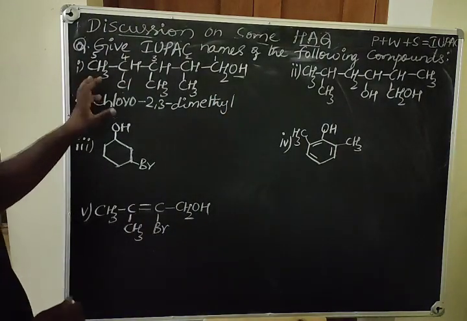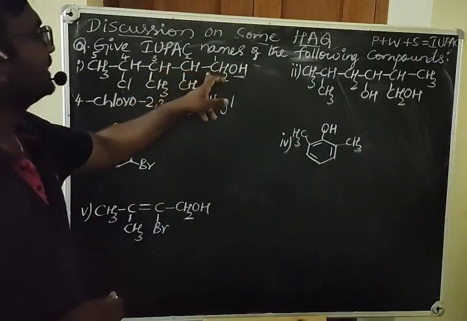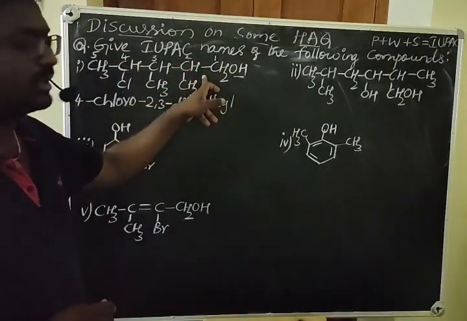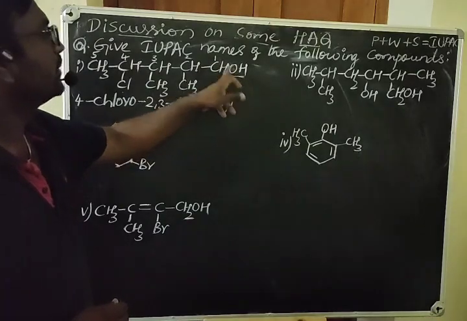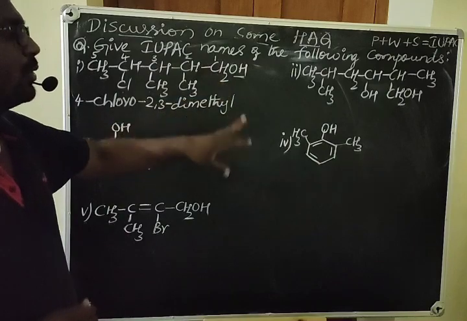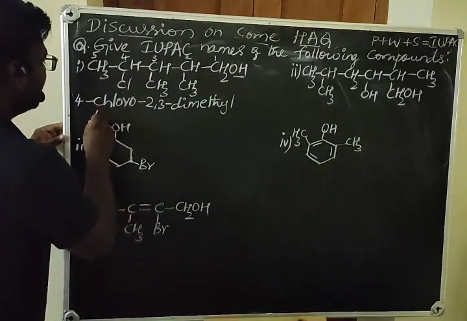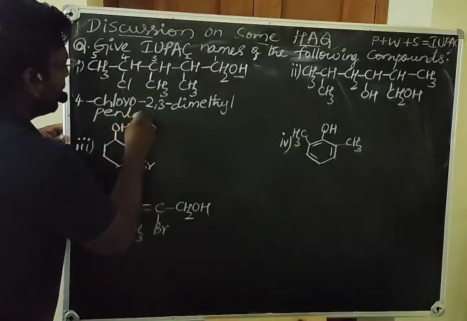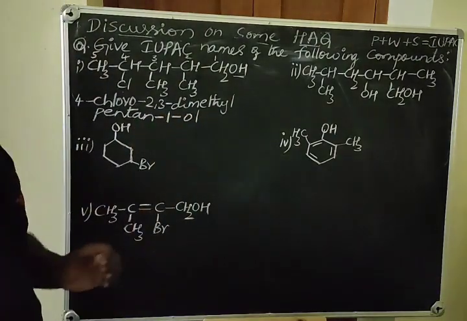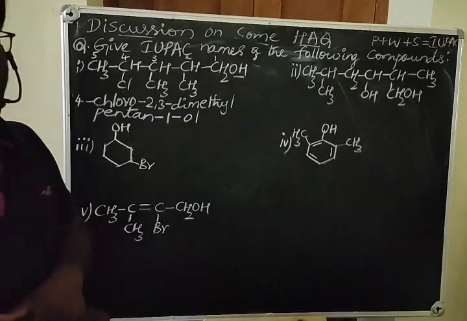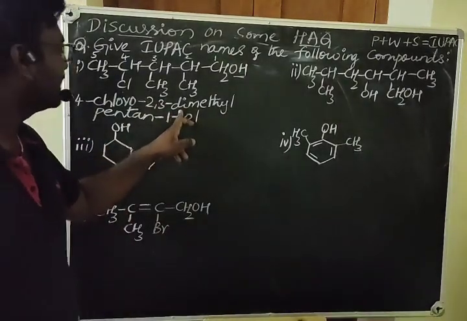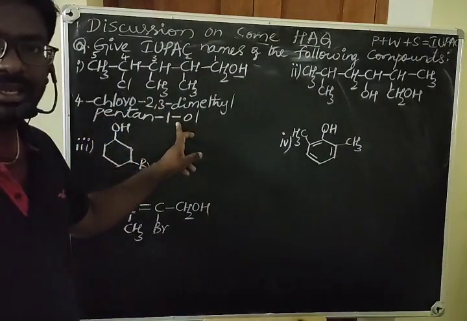And what is the word root? It contains 5 carbon atoms, therefore pent. The OH group is present on the first carbon, so it is pentan-1-ol. So what is the IUPAC name of this compound? 4-chloro-2,3-dimethylpentan-1-ol.